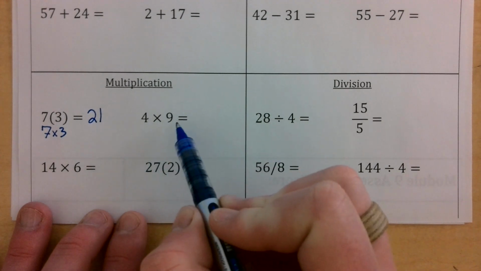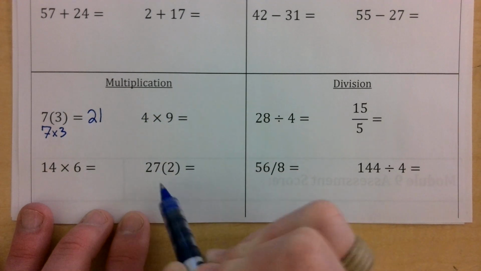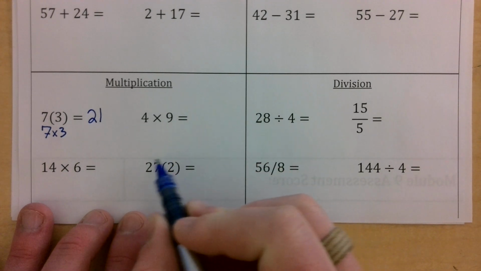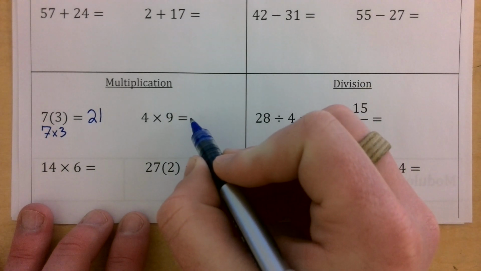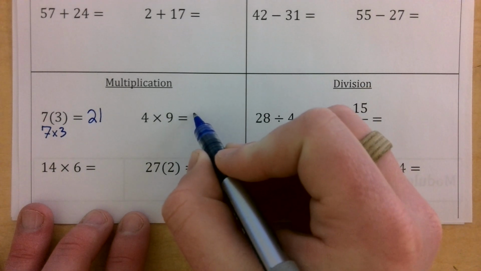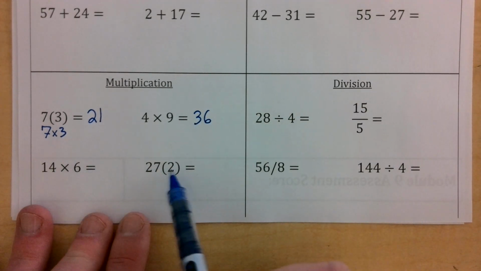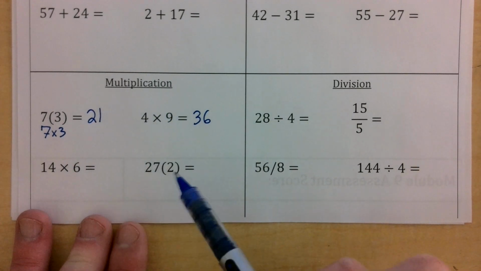Here we have 4 times 9. This is familiar to us. It's got the x multiplication symbol. Below we have 27 times 2. I'm going to leave that one for you to solve. But 4 times 9 is going to give us 36. Use your calculator to finish out those two as well. Remember, it's in the multiplication box, so it's multiplication.